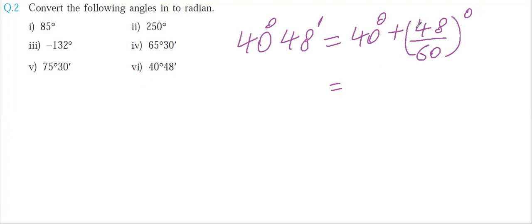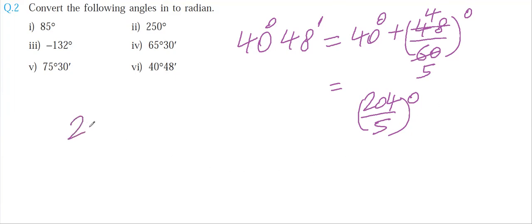So this will be 12 by 5: 12 fours are 48, 12 fives are 60. 5 fours are 20, 200, then 4. So this will be 204 upon 5 degree. This degree I want to convert into radian.